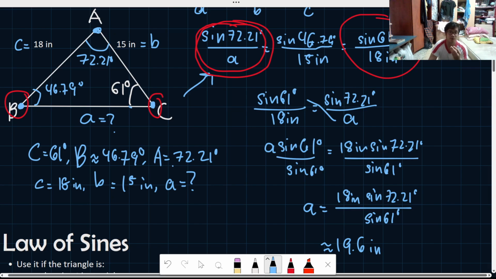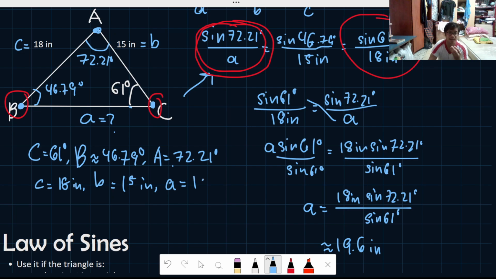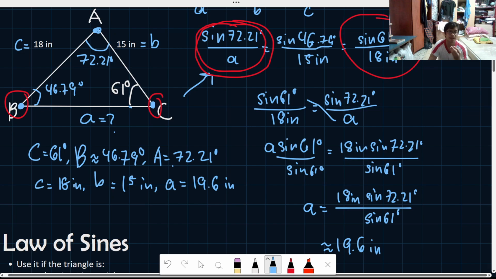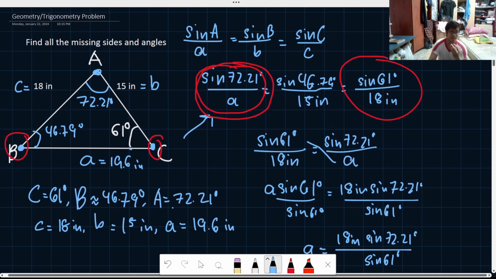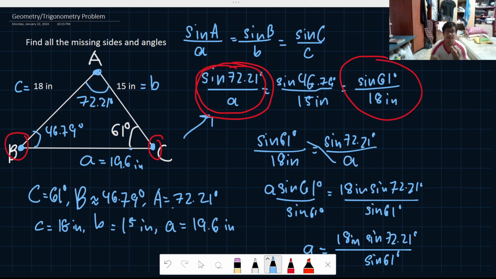And that is our A, small letter a to be particular, 19.6 inches. That is our answer for small letter a. Okay, we're good to go now. All right, that's it. That is the answer for this problem.